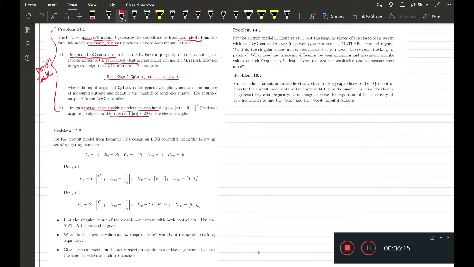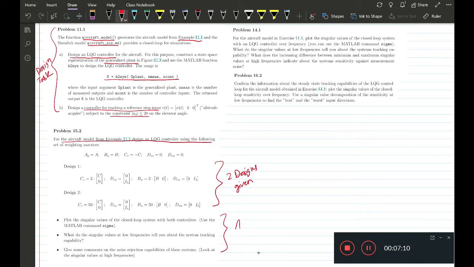So this is essentially a design task, the LQG design task or an H2 design task. In problem 15.2, again we have to consider the aircraft model, where now two designs are given to us, and we have to understand the meaning of the sigma plots or the singular values of the closed loop for different controllers or these two designs and interpret them.